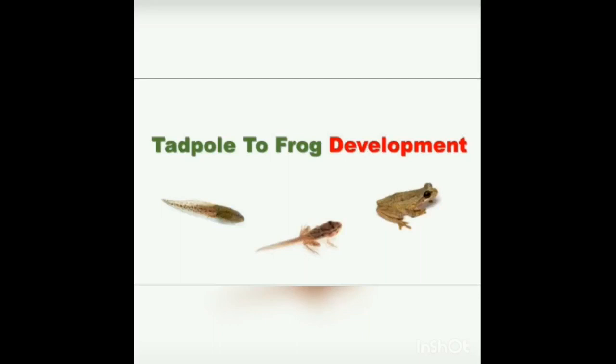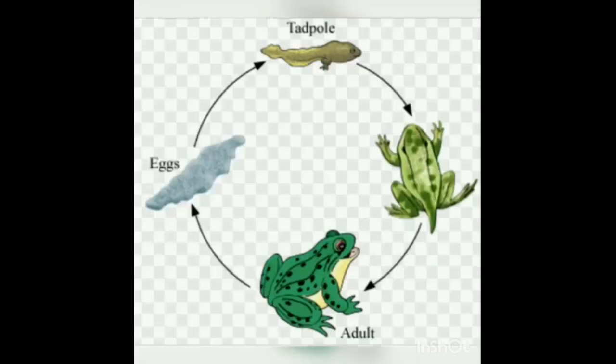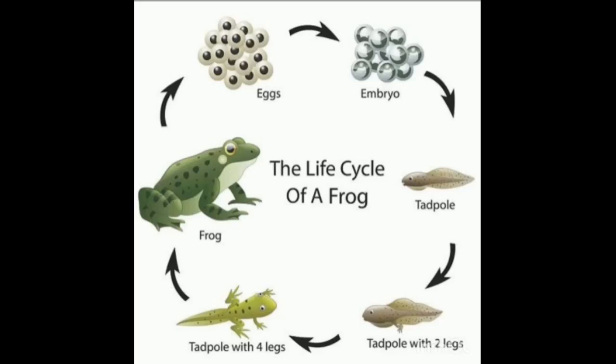Tadpole is nothing but the larva of the frog. Tadpoles are born in water and they have gills. But when they metamorphose, that means when they grow into adult frogs, they have lungs and can live both on land and in water. They are amphibians.